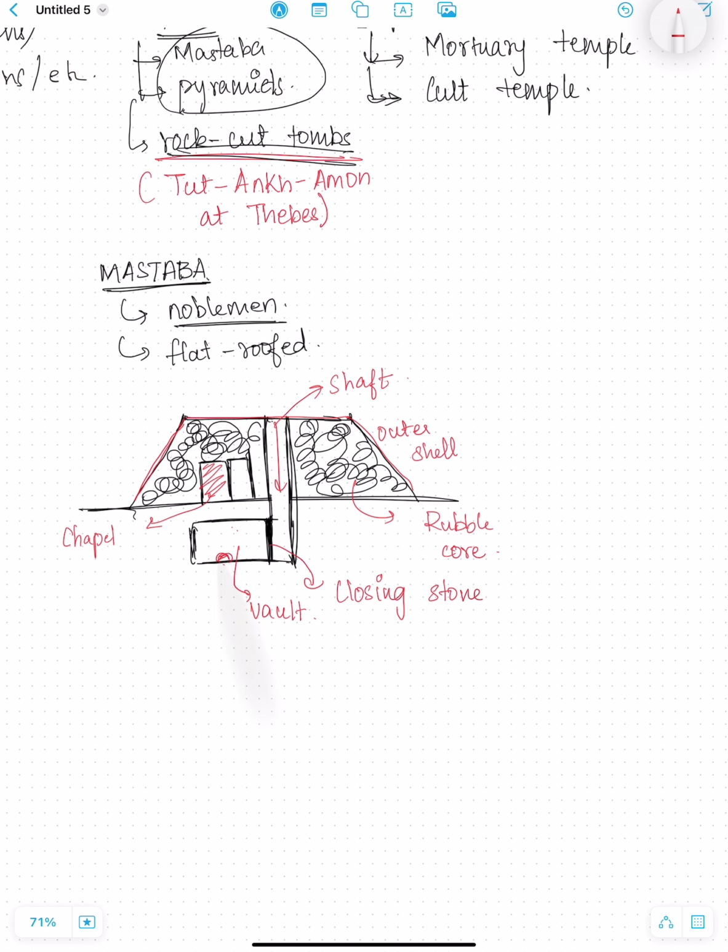And this is the sarcophagus, which is the coffin for the dead body. Okay, this is the mastaba. They also had a statue here of the dead, and this was called serdab.